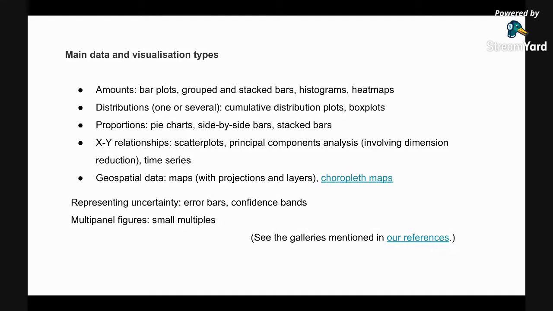Pie charts are in the list, but we will see in a moment that it's actually recommended not to use pie charts. If you're interested in showing the relationship between two variables like x and y, and especially in potentially seeing some correlations, scatter plots or time series are useful.